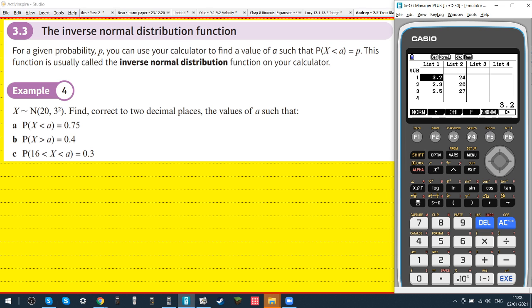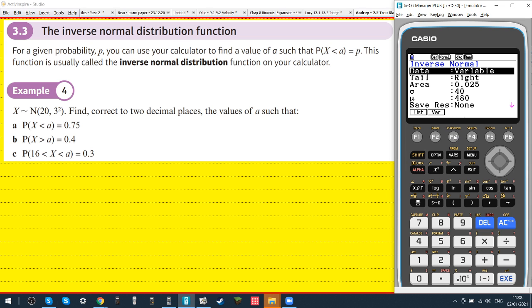Distribution. So it's normally distributed. This time we want inverse normal. The tail. It's less than. Any idea what way the tail's going to go? Left. Yep. So less than. Probability is represented by area.